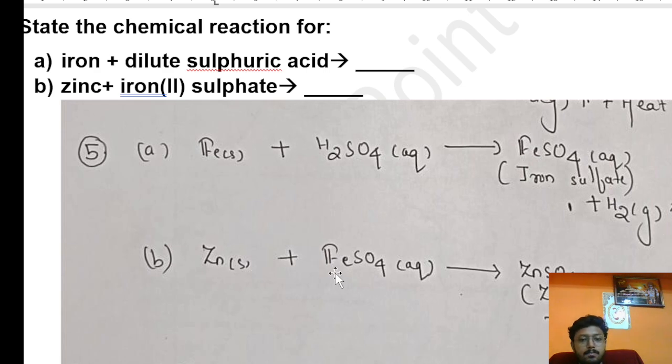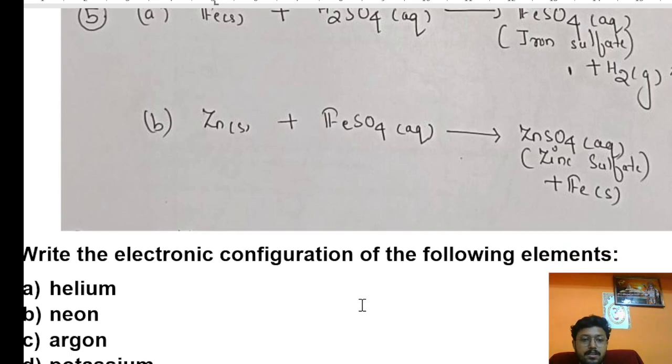Zinc plus iron sulfate (aqueous) gives zinc sulfate plus Fe. It is a displacement reaction also, right? Zinc is more reactive as compared to iron, that's why zinc displaces the iron. Got it? Any confusion? No. Now move to question number 6.